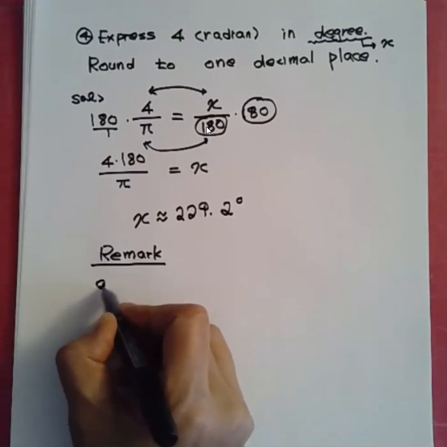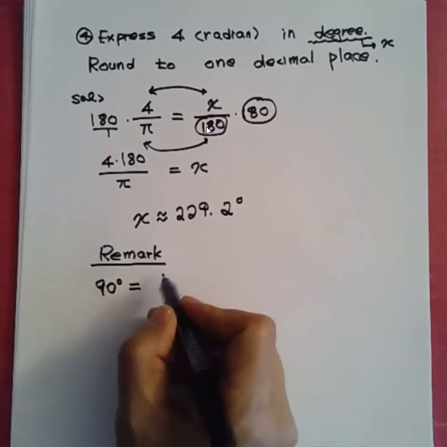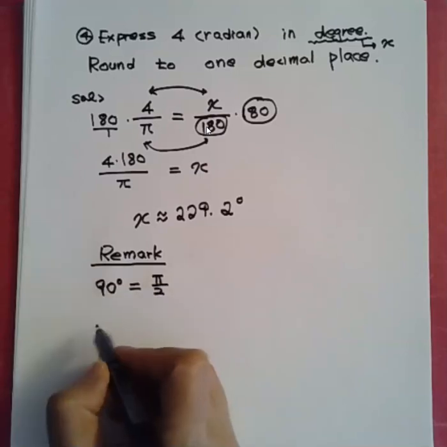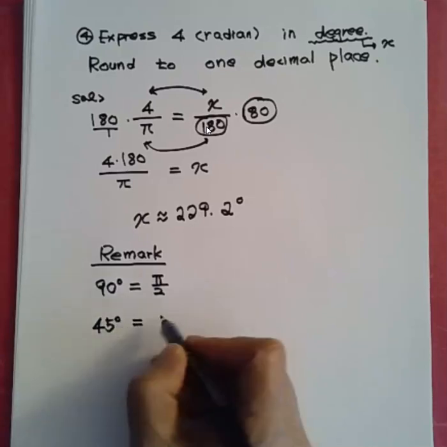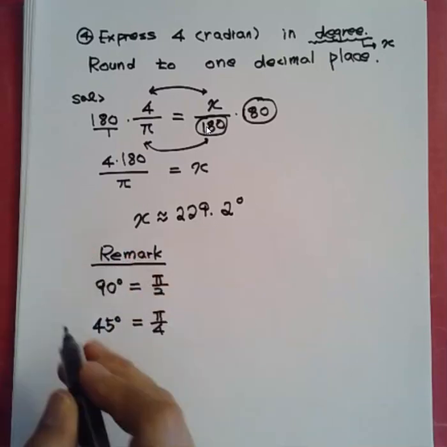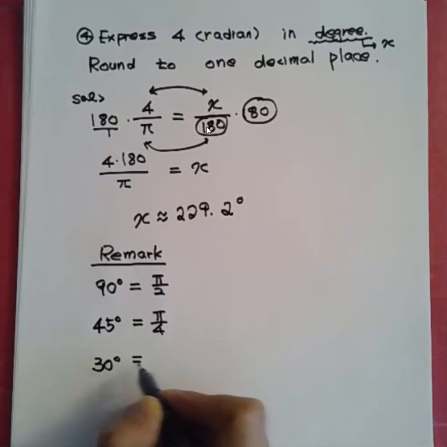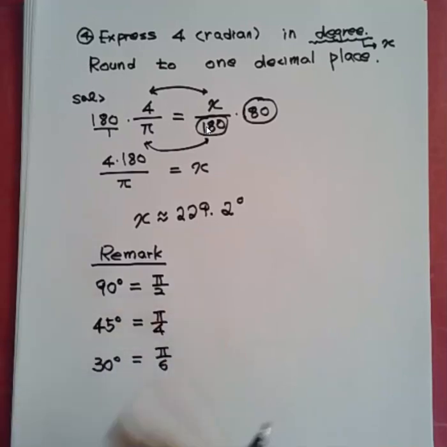Instead, people tend to just think right away that 90 degree is pi over 2. So you have to remember 45 degree will be pi over 4 because those are half. 1/3 of that is 30 degree. That is pi over 6 by multiplying by 1/3 on both sides.